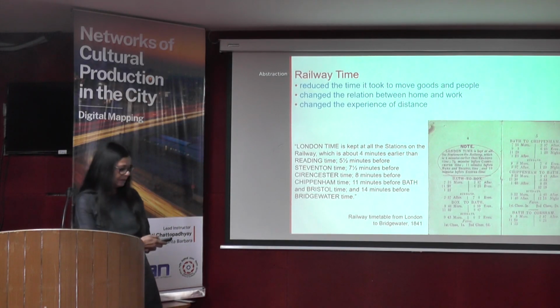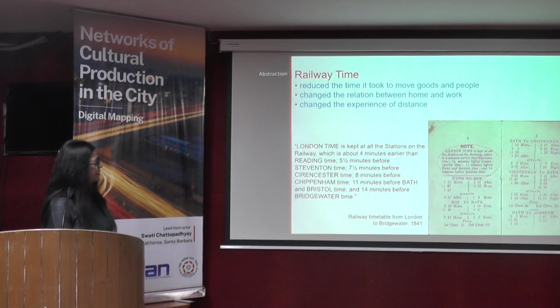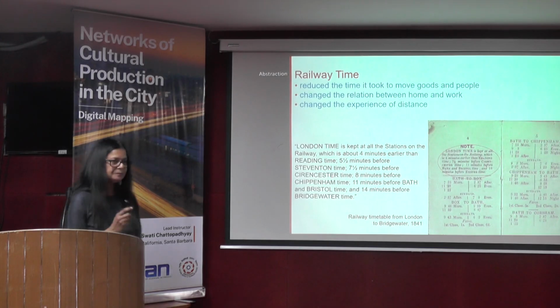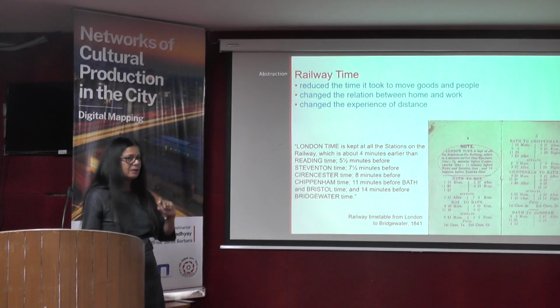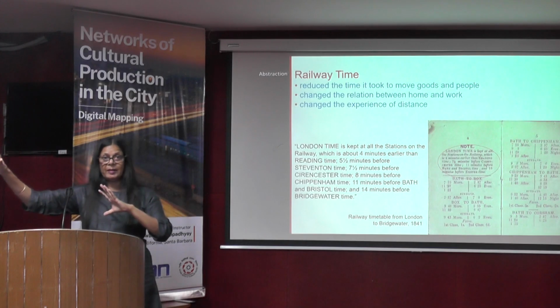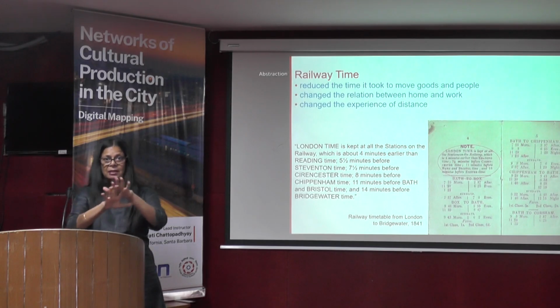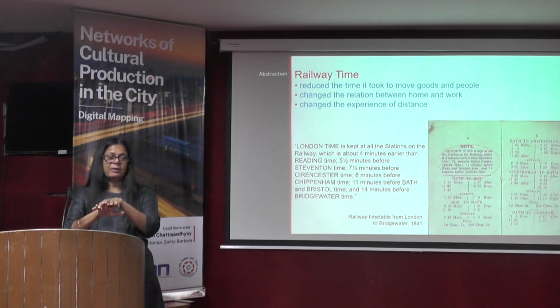So look at what's in here. This is in England. London time is kept at all stations on the railway, which is about 4 minutes earlier than Reading and Steventon and so on. In other words, those people, whether they're in Reading or Bristol, have to know what London time is and adjust their time. Their local time is not valid, because otherwise the trains can't run.